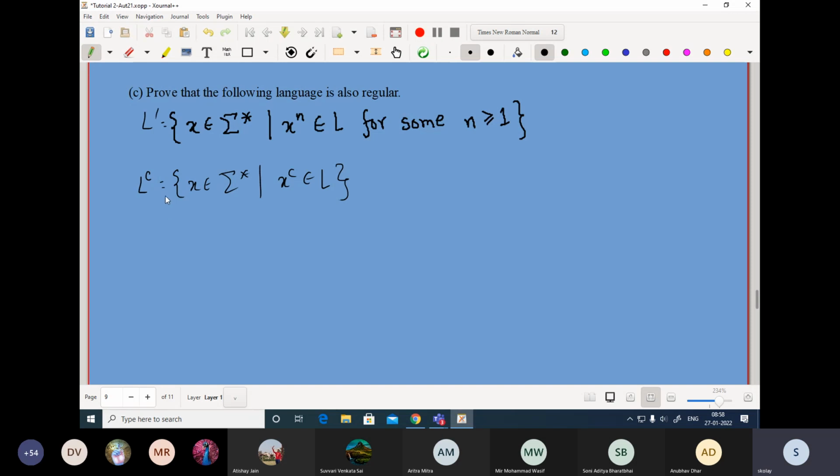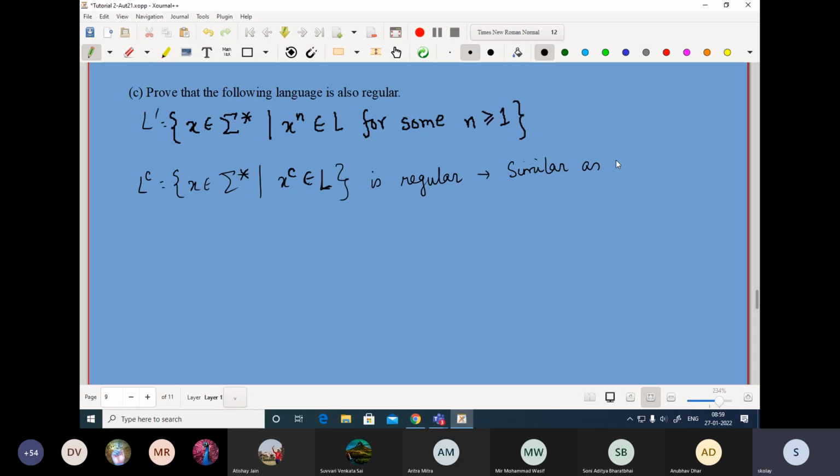L to the C is X belongs to sigma star such that X to the C belongs to L. Suppose this was my language. Do you think this is regular? Yes, ma'am. Why? Ma'am, we can just construct a C-fold Cartesian product.